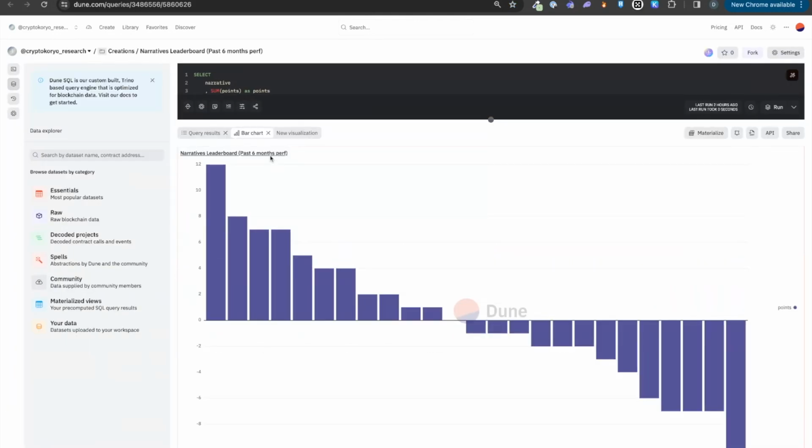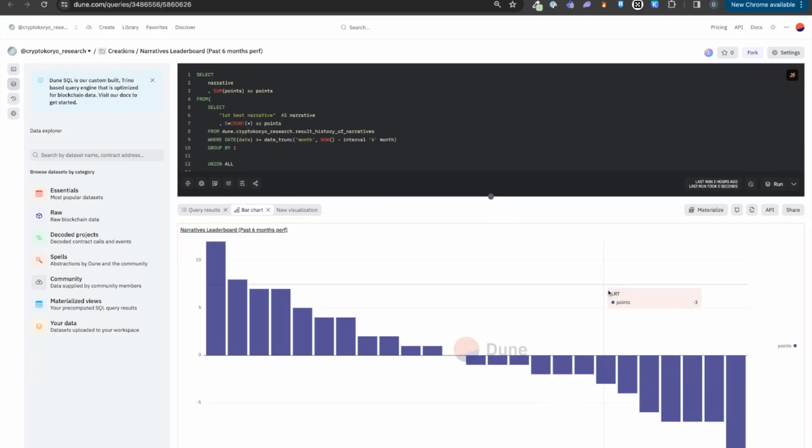We are ranking all the narratives, and then giving points based on their rank, positive points and negative points. The 5 best performers of each month get positive points proportionally, and the 5 worst performing ones get negative points. Then we add all the points, which gives us a final score for each of the narratives.